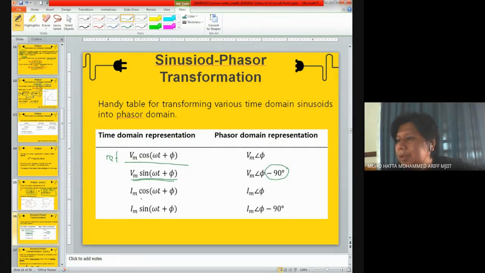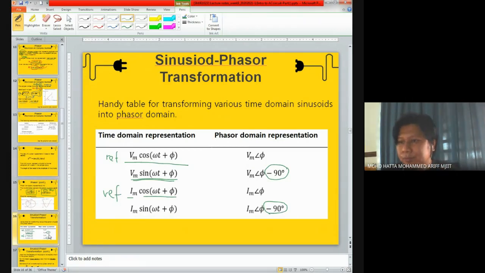Same goes here. I have current written in cos, which is considered the reference. If you want to write in sine, it becomes omega t plus phi over here, and you need to add negative 90 in the phasor domain representation.